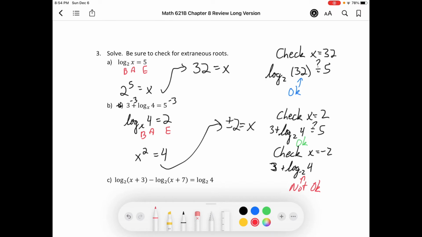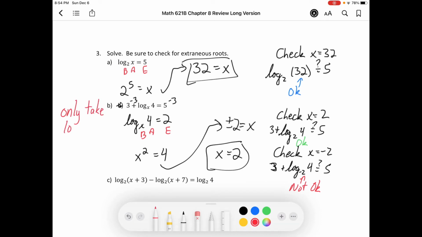Can't take the log of 0 or a negative, and we don't use negative bases. So what we're going to say here is that the final answer should just be the positive 2. We can write a couple little notes here. Only take logs of positives. Only use positive bases.